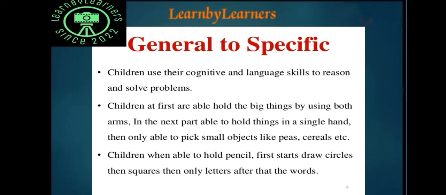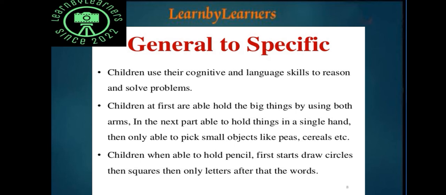Also, you have seen that children first try to hold the bigger thing and then learn to hold the smaller thing easily. For example, if you give a bigger ball, he or she tries to catch it, and when able to catch the bigger ball, then will learn to catch the smaller ball, because holding the smaller ball was difficult.